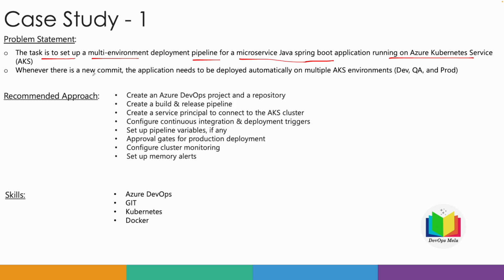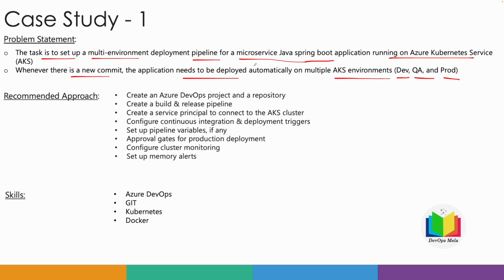The requirement was that whenever there is a new commit, the application needs to be deployed automatically on multiple AKS environments. They have given three environments: dev, QA and prod. Whenever there is a commit, the changes need to be triggered to all these three environments. So definitely a multi-staging environment is what we need to create.